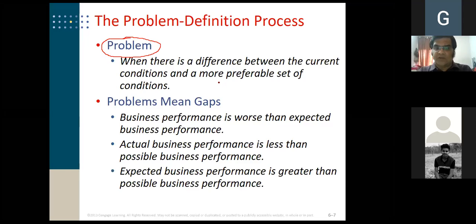We are trying to find the difference between the current conditions. Why are the recruitment costs high this year? That is our current question. Why did it not happen before, and why is it happening now? That is the fundamental problem, and we need to question it.